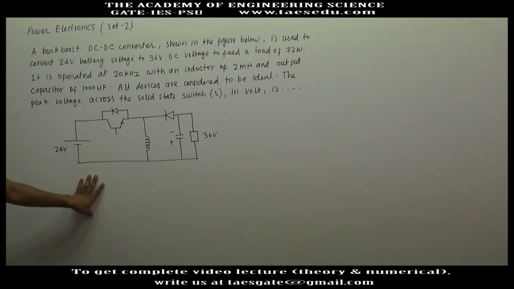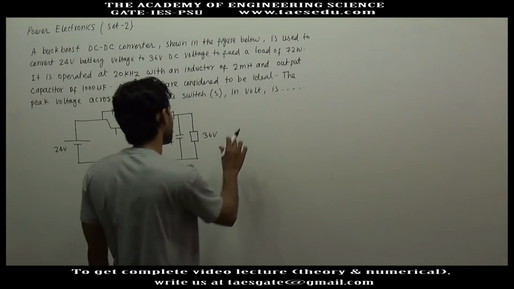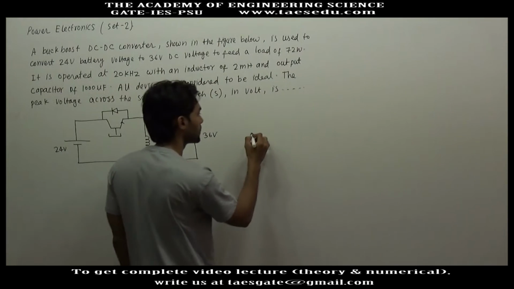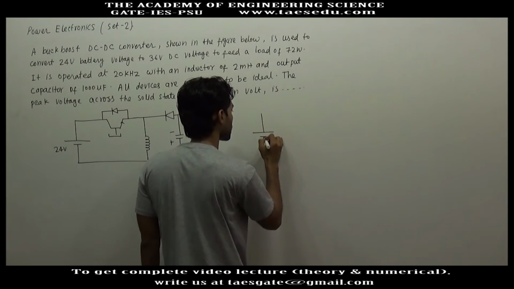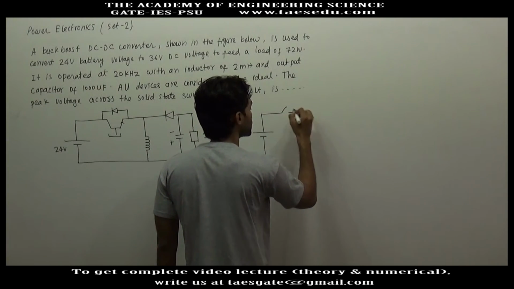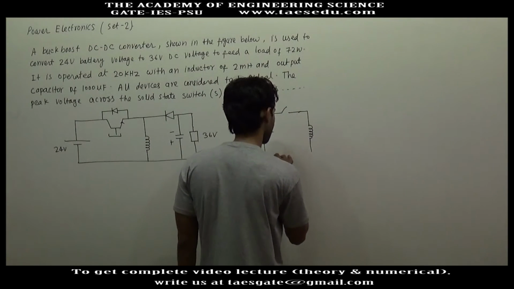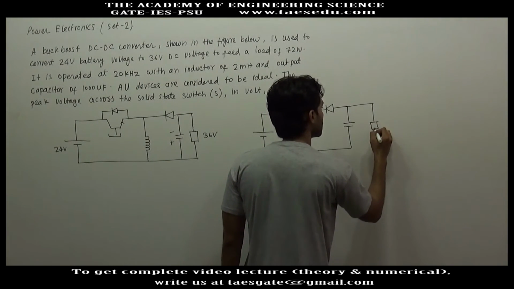This is a circuit diagram of a DC-DC buck boost converter. Okay, this is the solid state switch. Here we have a solid state controlled switch, then inductor, and here we have load.